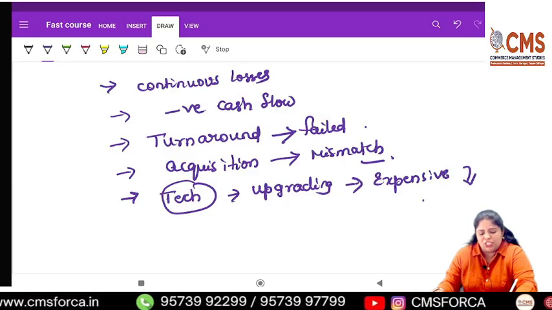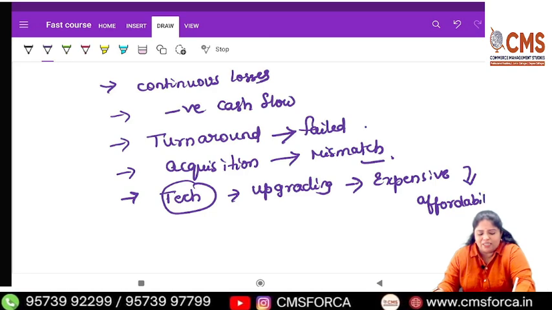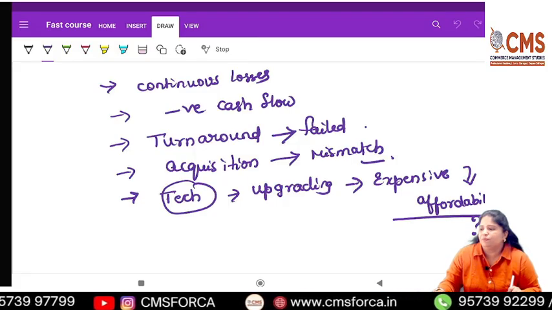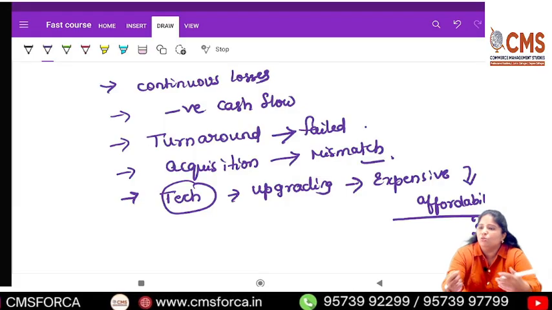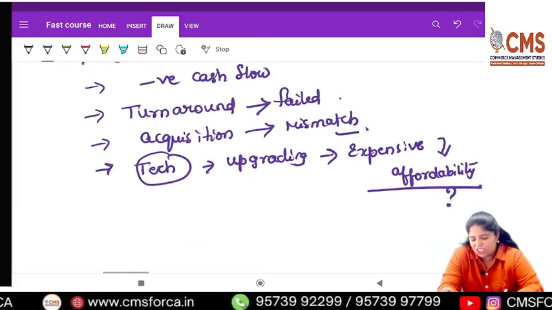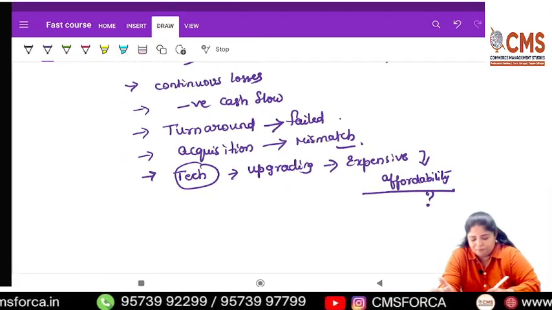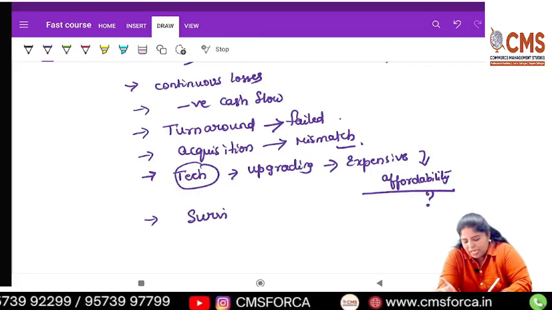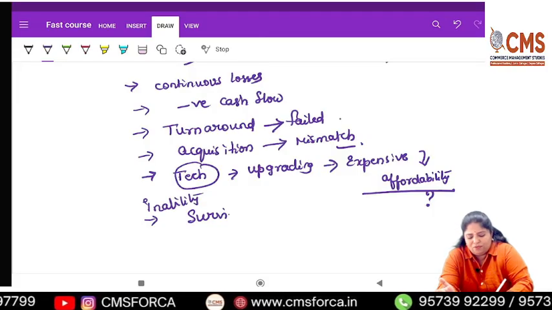The organization doesn't have much funds, and what matters here is affordability. They don't want to budget so much for technological upgrades on that branch, so they can think of divesting. The organization believes in its inability to survive in the competition.